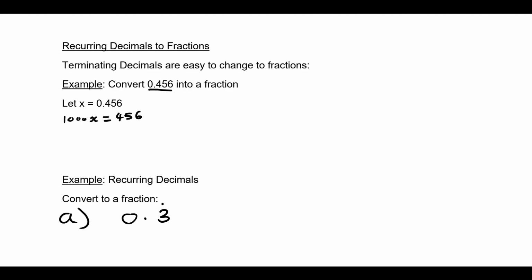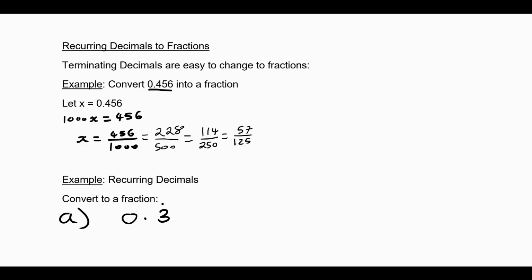I could then divide both sides by 1,000, so I would have x equals 456 over 1,000, which I could simplify into 228 over 500, which would then simplify into 114 over 250, sorry, and then we would have 57 over 125. I don't think that would simplify any further.